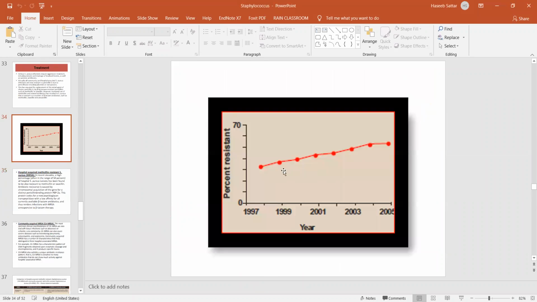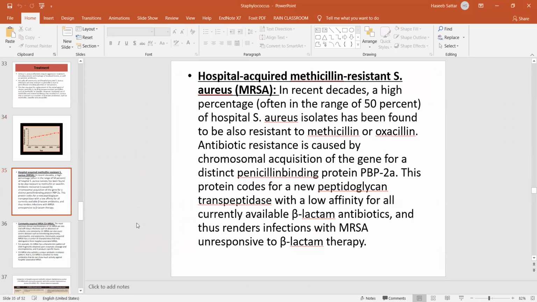If you see here, this is the resistance pattern, and resistance is increasing. It is the infection where Staphylococcus aureus has acquired resistance against methicillin or oxacillin, so that is why we call them MRSA.